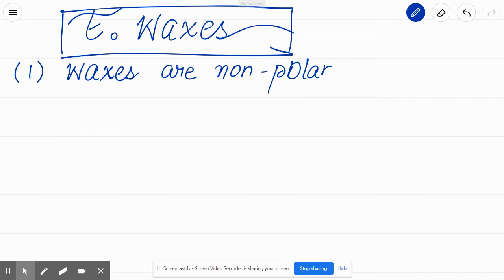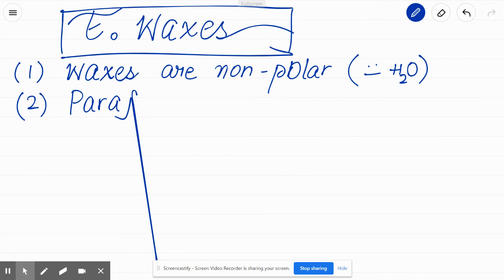That means they are hydrophobic. Paraffin wax is a very common one that is used as a commercial wax. And the formula for paraffin wax is C31H64.